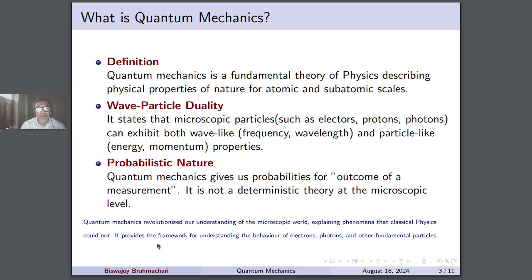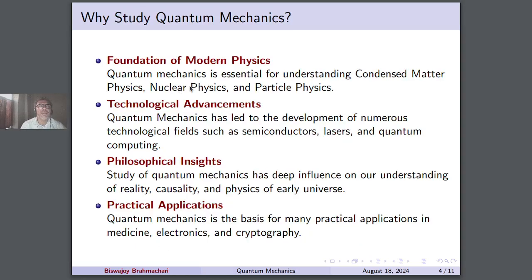It provides a framework for understanding the behavior of electrons, photons, and fundamental particles. Quantum mechanics is essential for understanding condensed matter physics, nuclear physics, particle physics. Quantum mechanics has led to many technological advancements such as semiconductors, laser, quantum computing. Quantum mechanics has also given us philosophical insights of reality, causality, physics of the early universe, and practical applications also, such as in medicine, electronics, and cryptography.